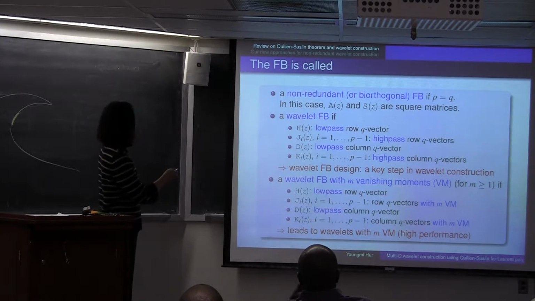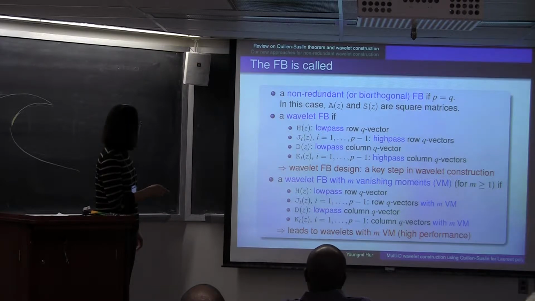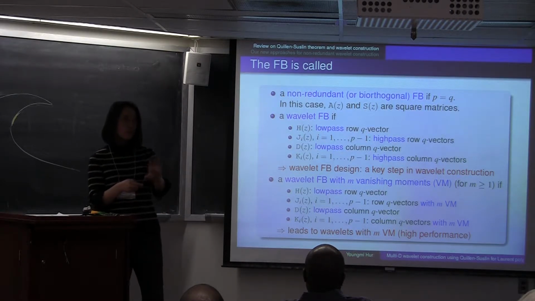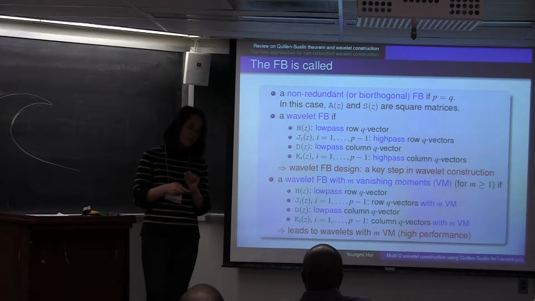So if you know wavelets and vanishing moments already, this is exactly how you define vanishing moments in terms of the filters. And it would transfer exactly to the wavelet functions if you develop wavelets in L2.